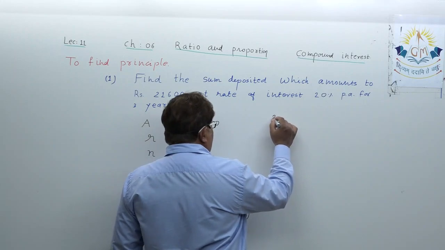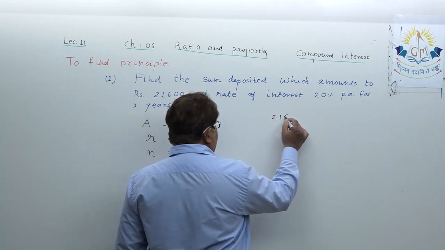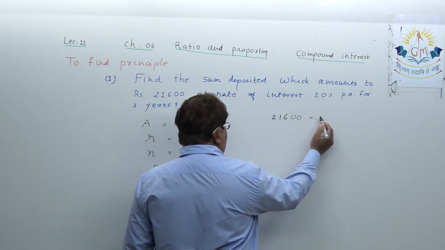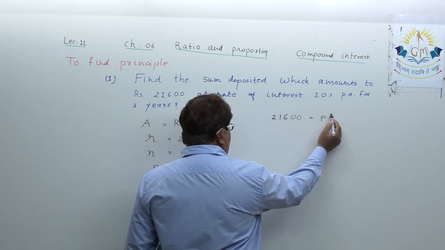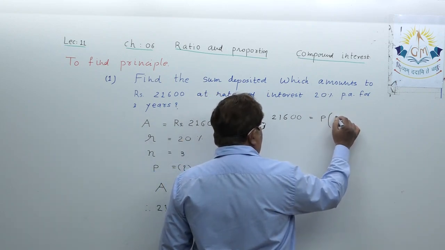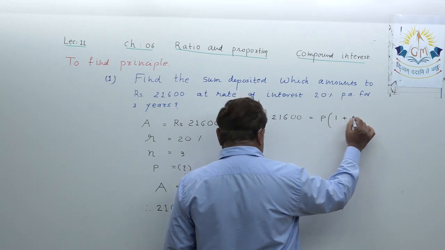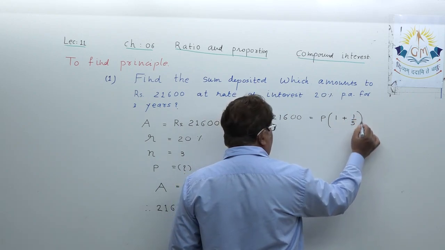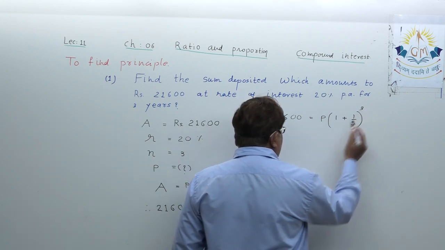So 216,000 equals P into bracket 1 plus 1 upon 5 raised to 3.